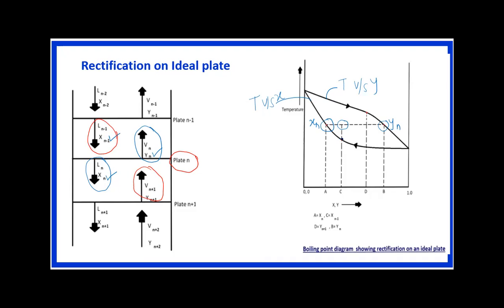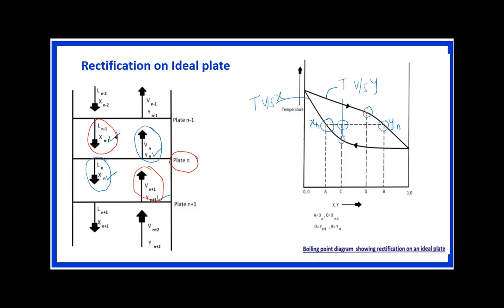So here you can understand the composition again, and in a similar way D indicates Yn plus 1, right? What exactly is Yn plus 1? This one, the vapor composition from the n plus 1 plate.